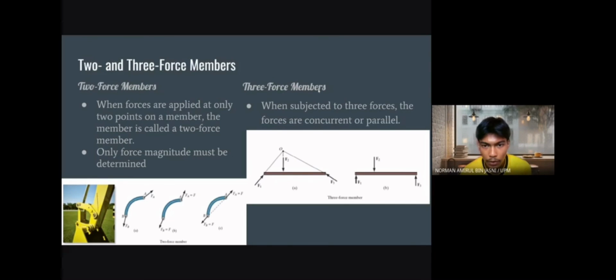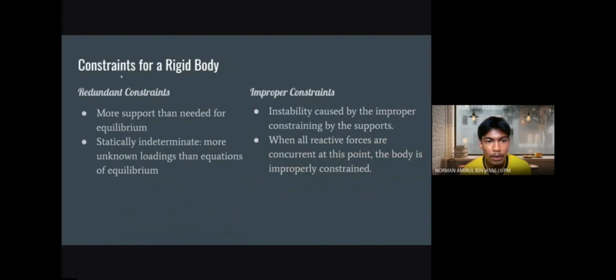Then three force members. When subjected to three forces, the forces are concurrent or parallel. This is an example of a three force member. As we can see, it has F1, F2, and F3. Constraints for a rigid body.